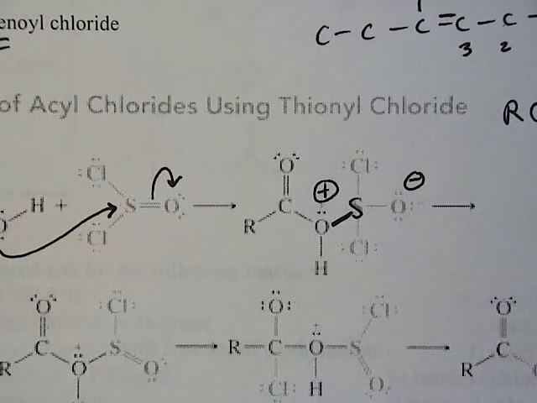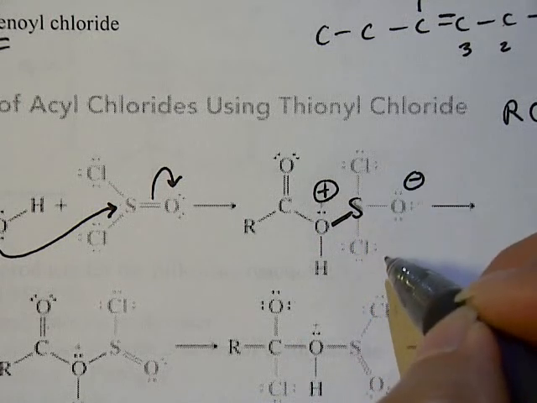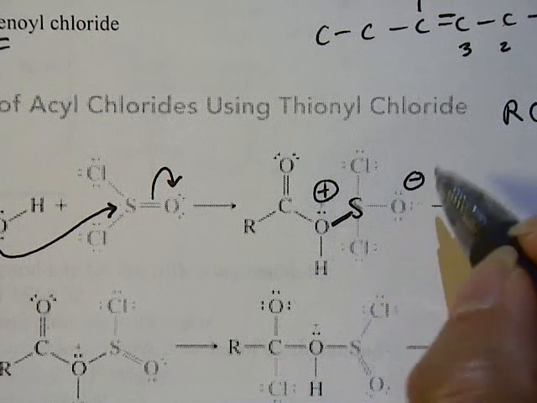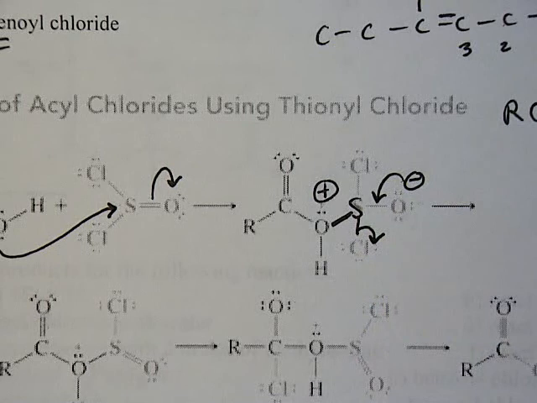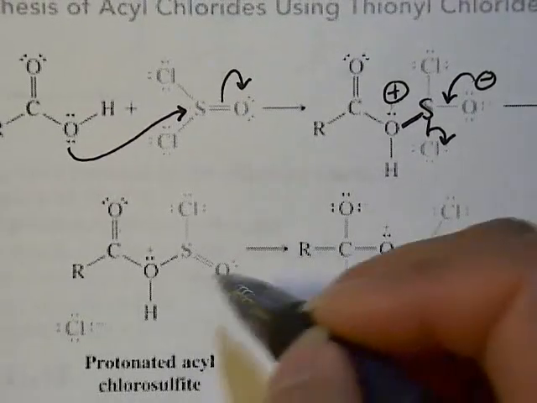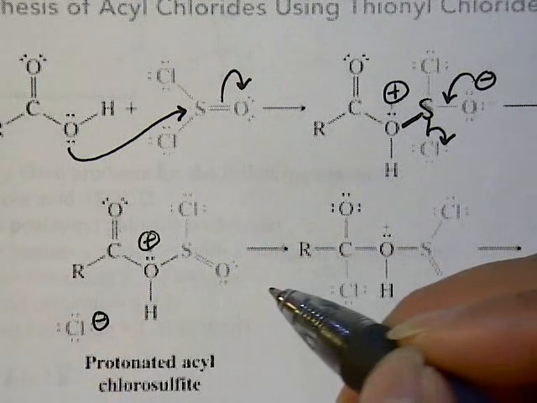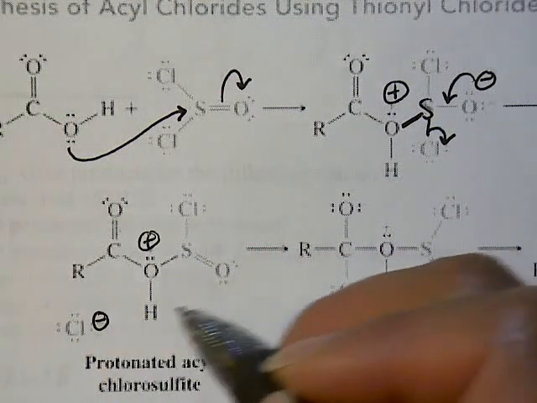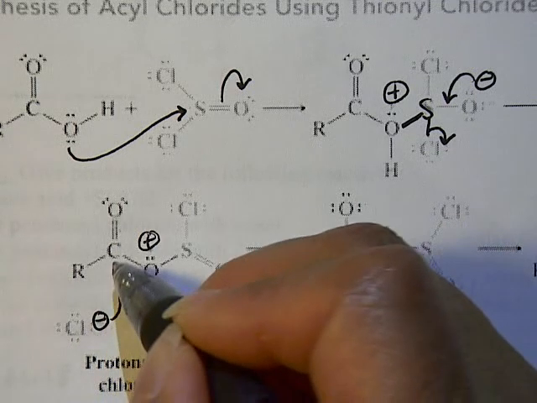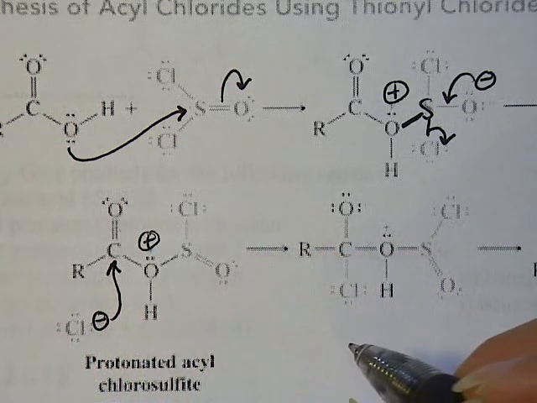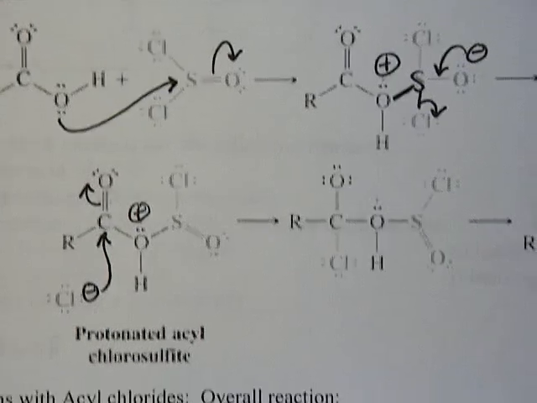Then you have two chlorines that can readily leave. The O minus comes down and makes one of the chlorines leave, and you have this intermediate with the plus charge on the oxygen and a chlorine that has left. Now that chloride ion serves as your nucleophile and attacks the C=O and breaks open the double bond.